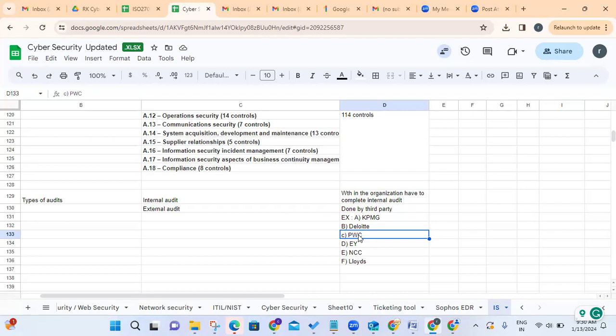That particular audit was done by PwC, PricewaterhouseCoopers, from the USA. That is not a security audit, that is called a financial audit. That is one of the examples I'm saying. Still that case is pending in court.